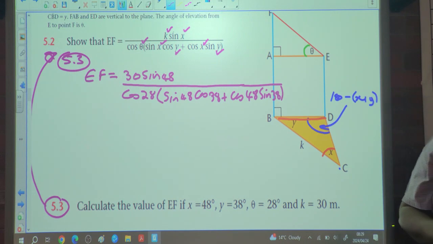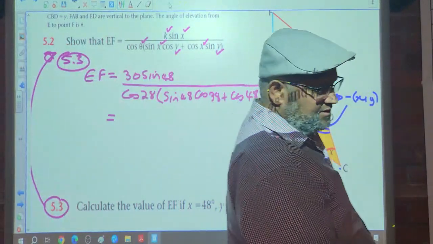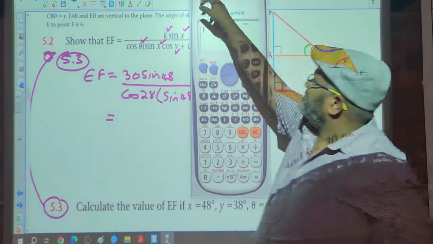Okay. So what do I do from here? Plug it into the calculator. Okay.